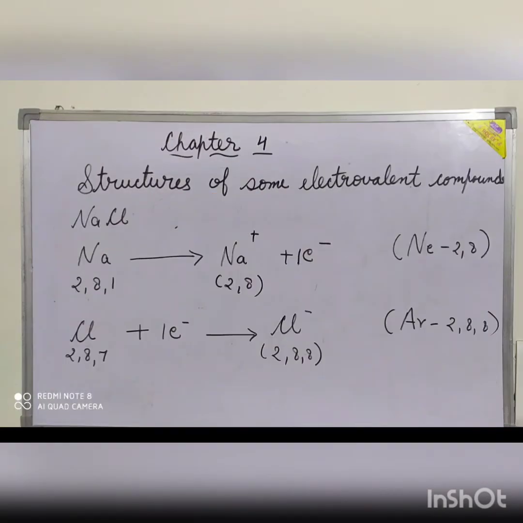Now we will discuss the structures of some electrovalent compounds. Sodium chloride. The sodium atom has 11 electrons which are arranged as 2, 8, 1. That means it has one extra electron to become stable.